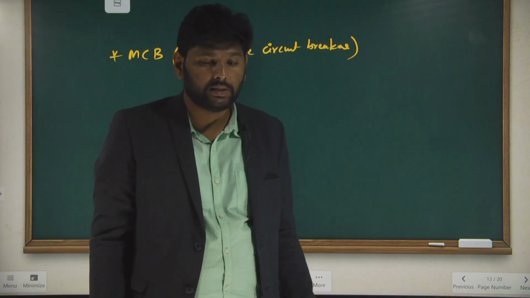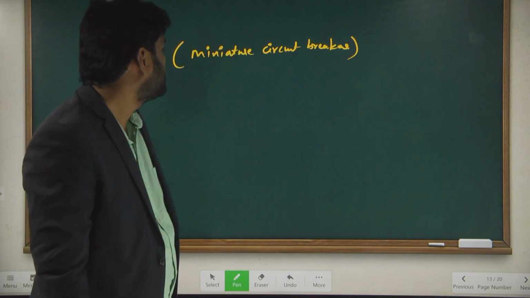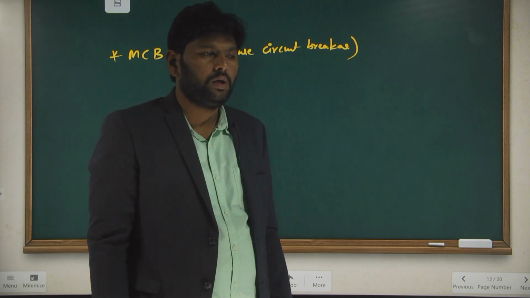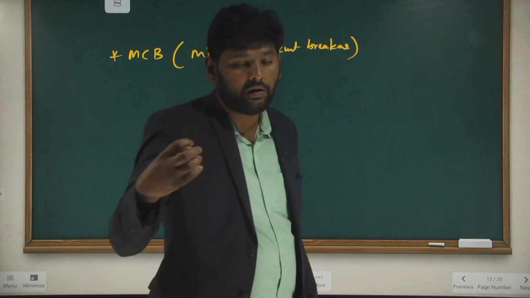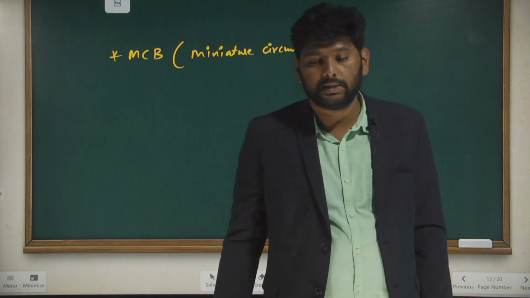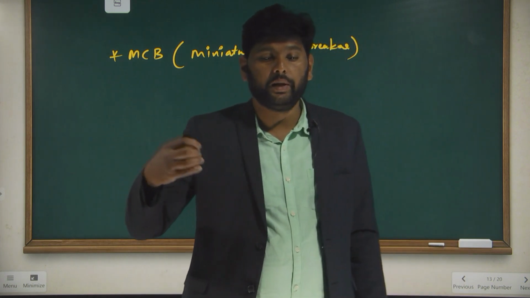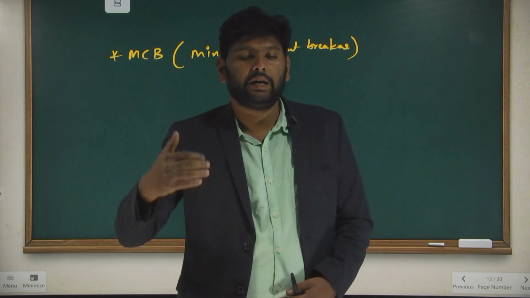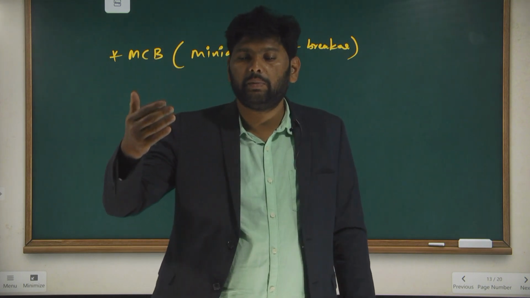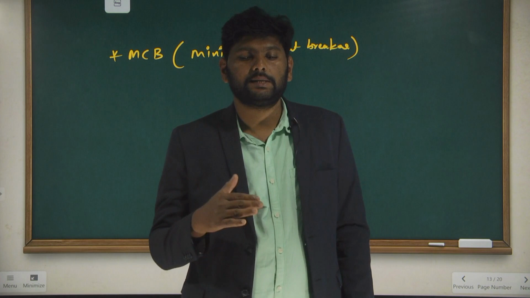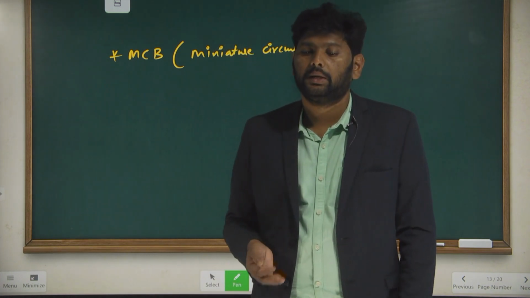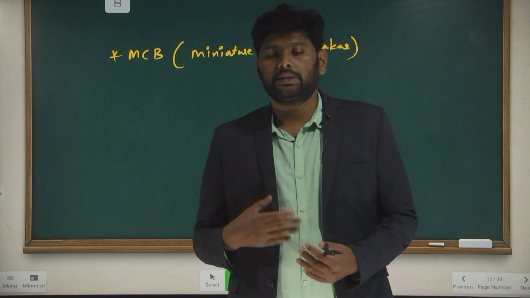Now how do they work? MCBs work the same as a fuse. When more current flows through the appliances, the MCB button gets tripped. When the MCB button trips, the circuit breaks and no current flows through the appliance. That is the way MCBs work.